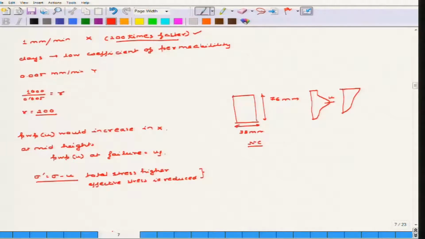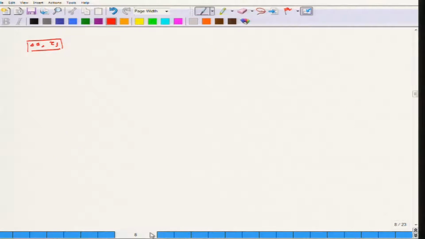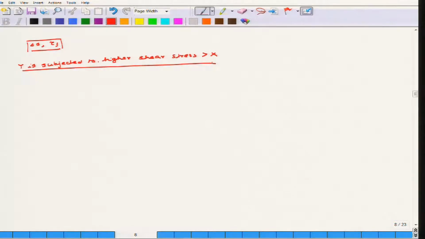So for a normally consolidated clay, if the sample is undrained, then the strength is reduced. In that case, you will see that sample Y, where the strain rate is much less, is subjected to higher shear stress than sample X. You can also think of this from the fact that in case of sample X, the sigma 3 dash is also reduced, because at the end of the consolidation phase both the samples are at the same stage.